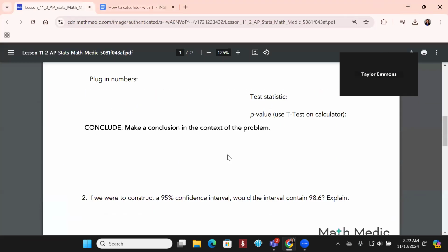Okay, so conclusion, make a conclusion in the context of the problem.